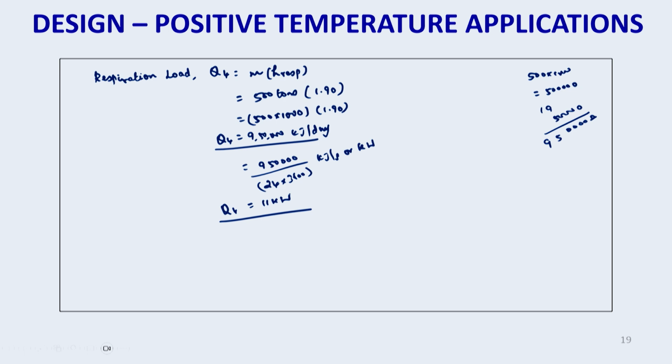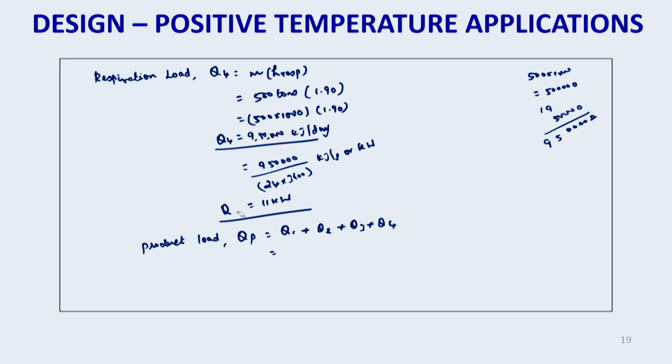Now let us calculate the total product load. The product load Q suffix P is equal to Q1 plus Q2 plus Q3 plus Q4.